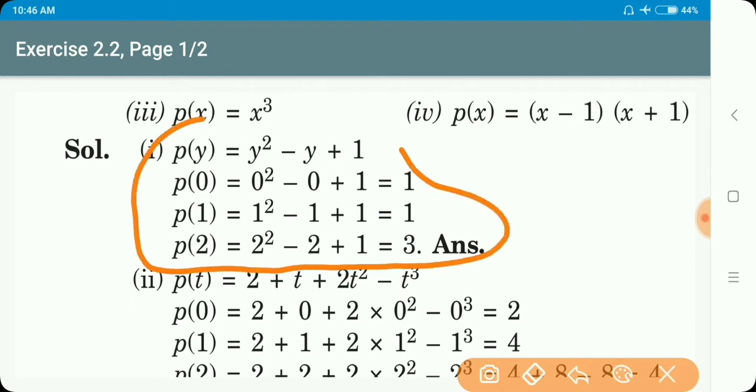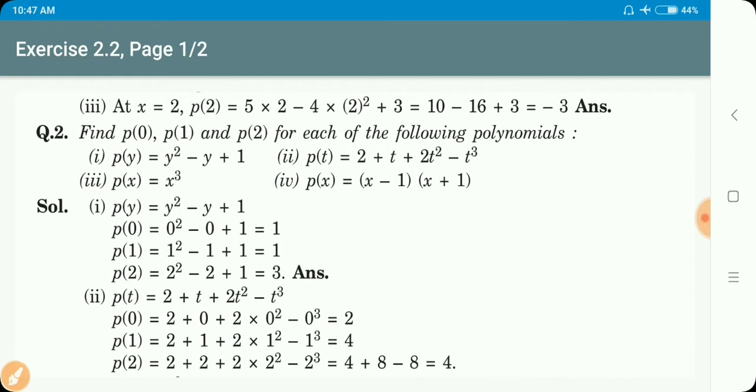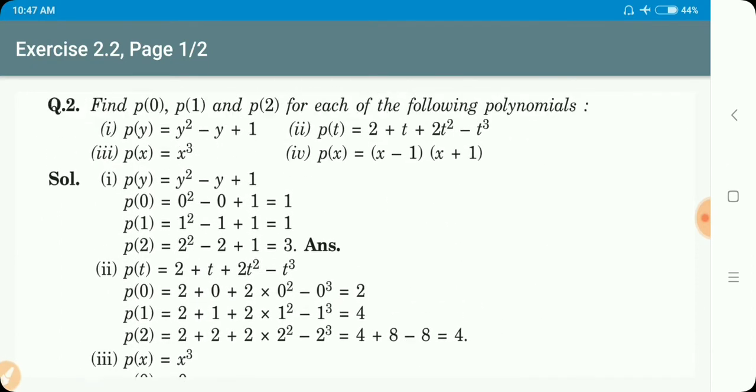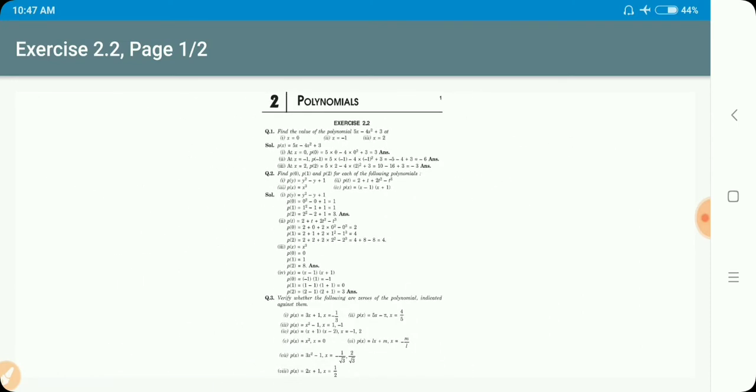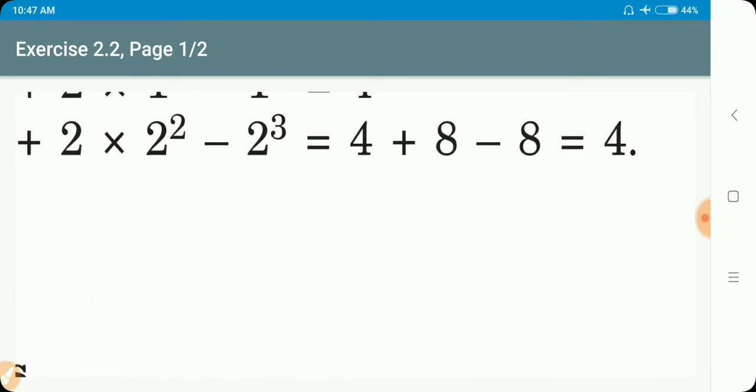This is your required result. So after solution, p(0) is 1, p(1) is 1, and p(2) is 3. Similarly, in these three parts, you can solve and get the value.